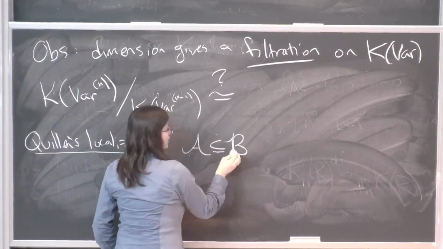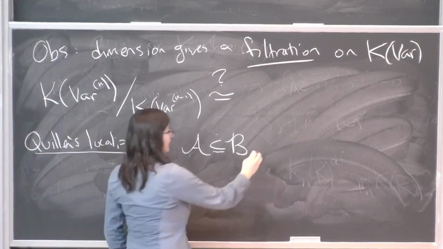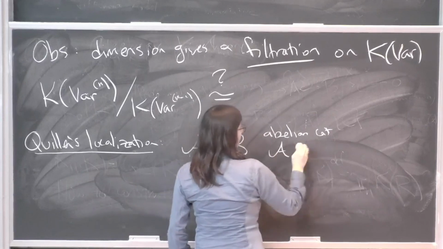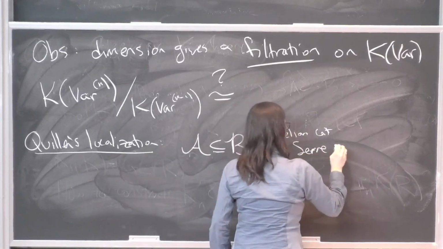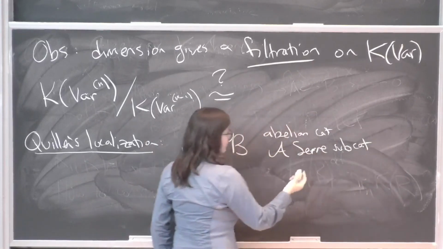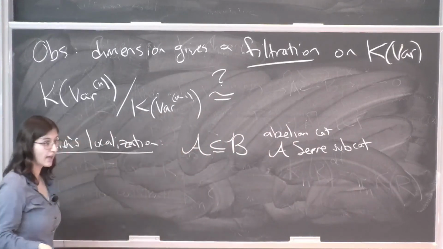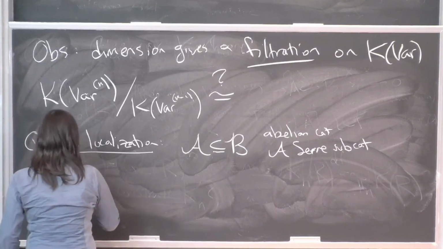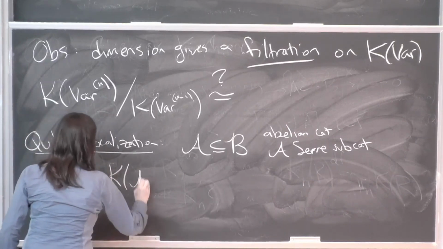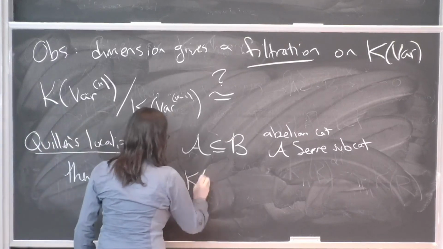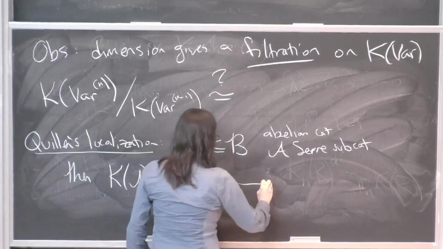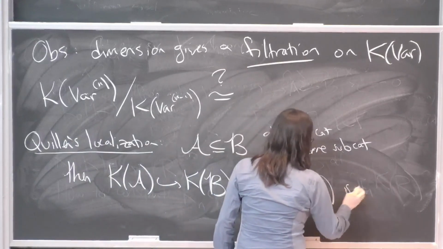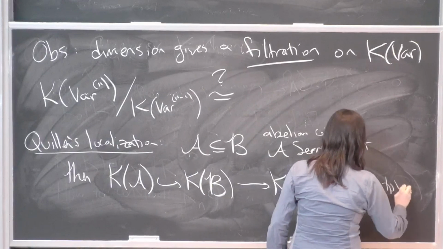If A and B are abelian categories, and A is a Serre subcategory, so that you can define B mod A as an abelian category, then K of A, including into K of B, projecting down to K of B mod A, is a homotopy fiber sequence.